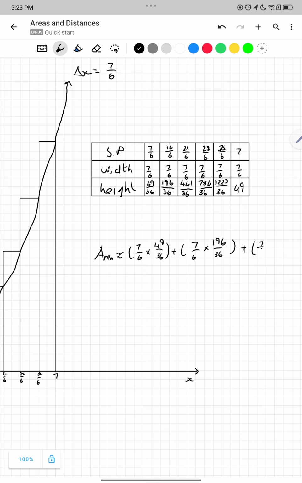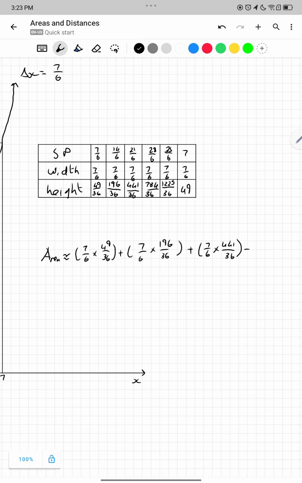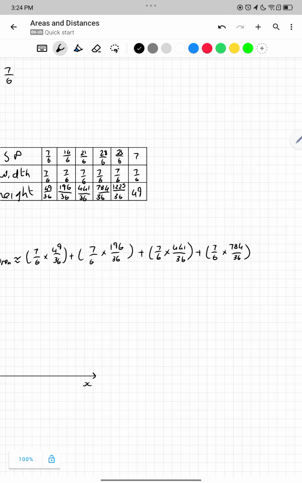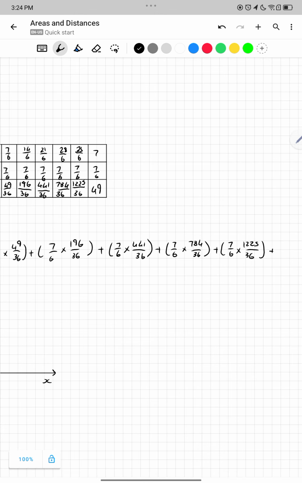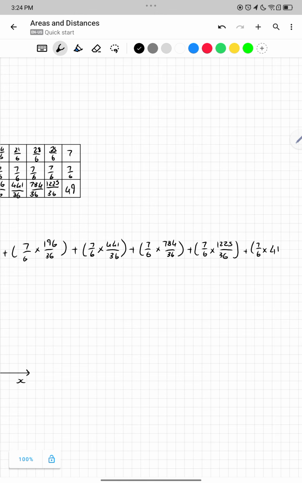Then we get 7/6 times 441/36 plus 7/6 times 784/36 and 7/6 times 1225 over 36, 7 over 6 times 49.